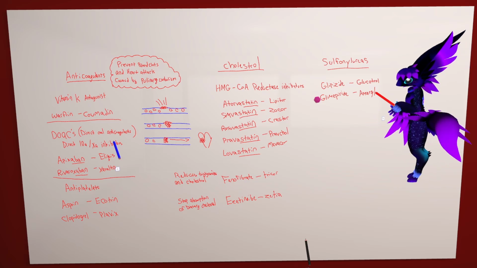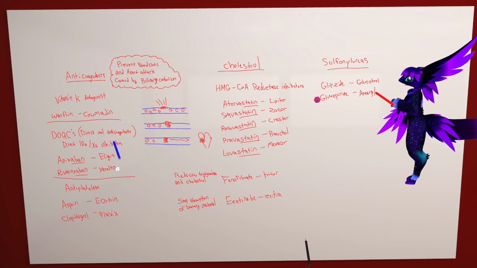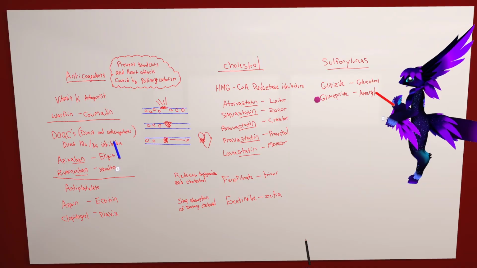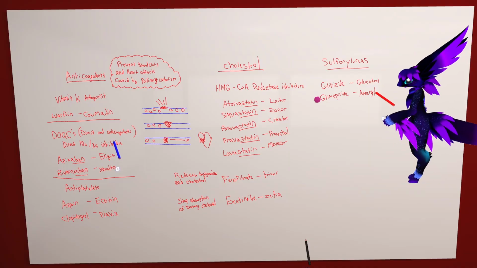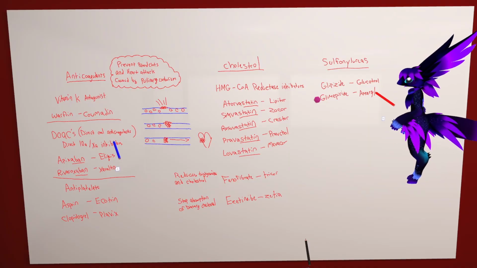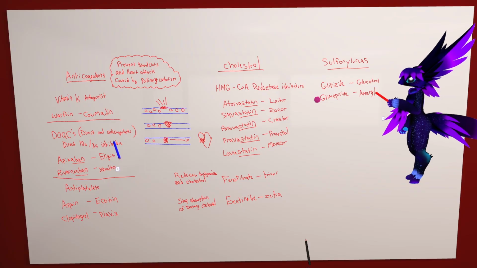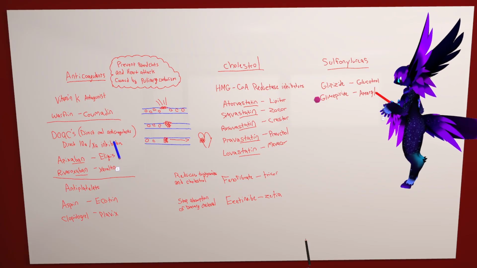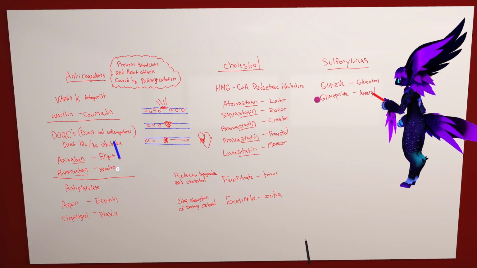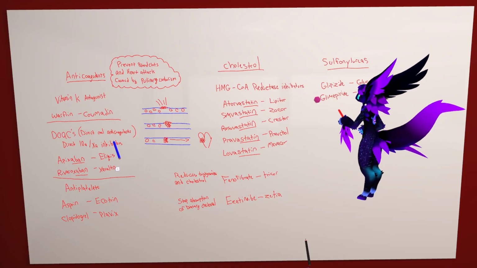There are other medications that work within the body to increase insulin sensitivity. Those are the biguanides. The most popular one of those being metformin. And these are all taken by mouth, so they're all pill related. So we're gonna do the biguanides.